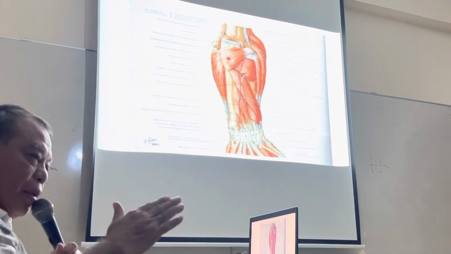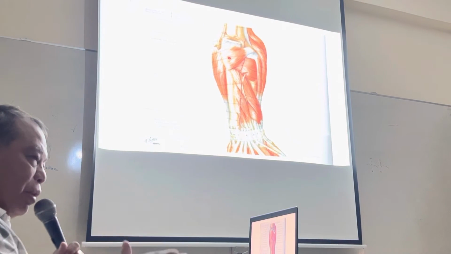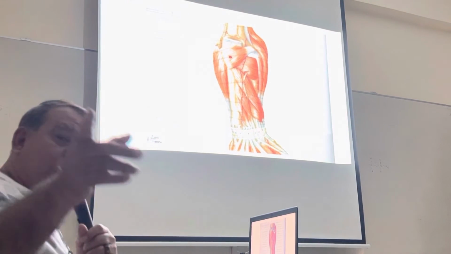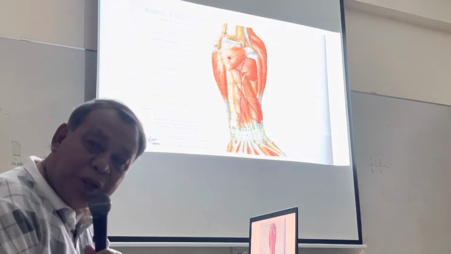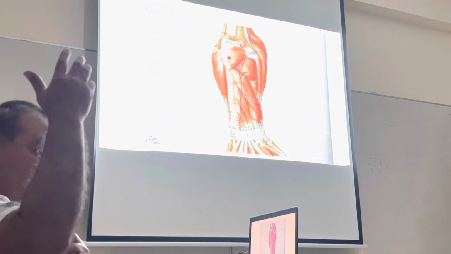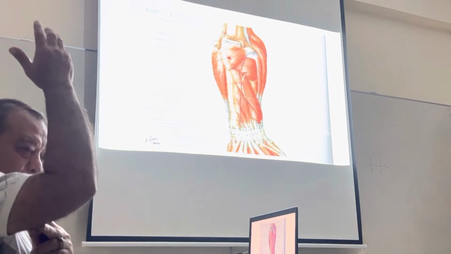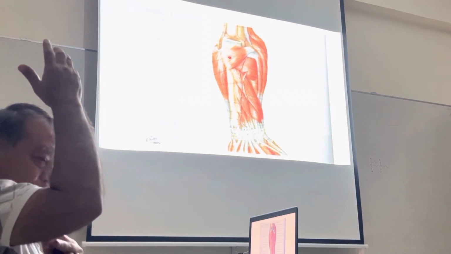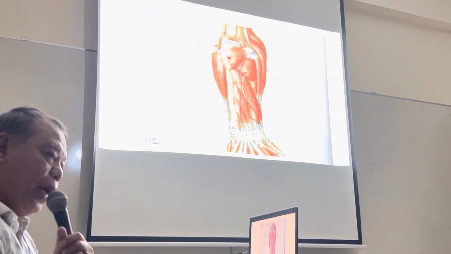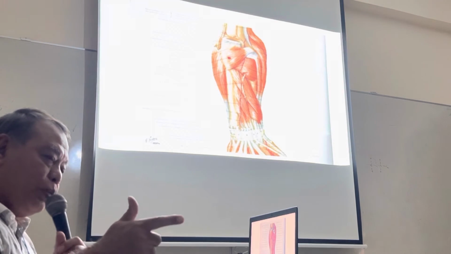The spiral groove. It will be lodged in the spiral groove. Initially, the radial nerve will be located posteriorly, in the posterior compartment of the arm, lodged in the spiral groove.